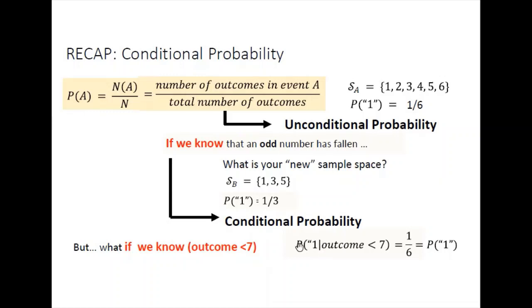So again the probability of 1 is 1 divided by 6. So this prior information doesn't have any impact on the probability of 1. So these two events, observing 1 and observing a number less than 7, are independent.